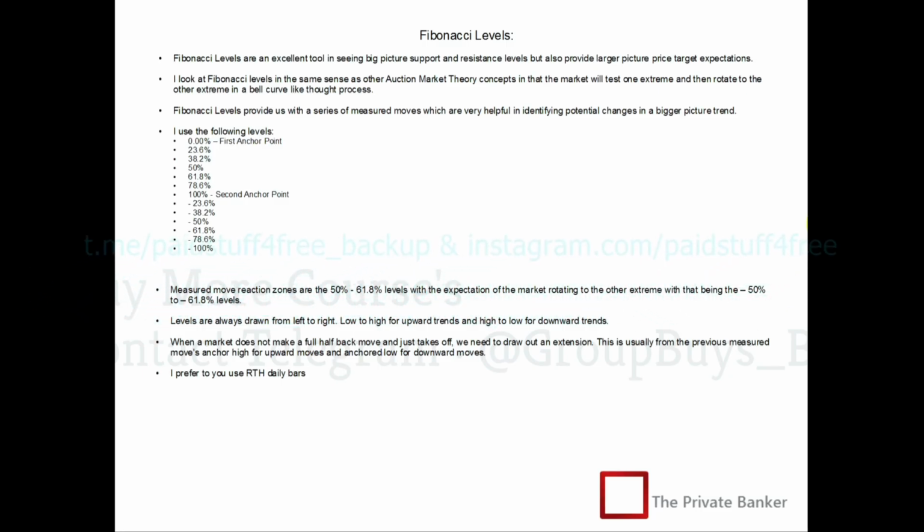Of course, the anchor point is simply our 0 point, or our middle point, I guess you could say. Then I look at the 23.6, 38.2, 50%, which is really just half back. I know it's not really a Fibonacci number, but it's still useful to see the half back moves.